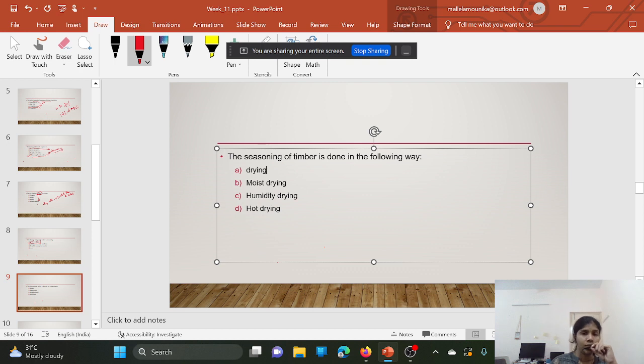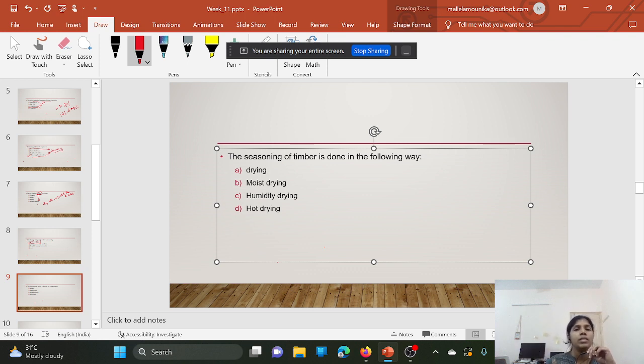See, it's not just simply drying or hot drying. We are making the seasoning process under controlled temperatures, and before seasoning, we are immersing the timber in water. And then we are making it dry.